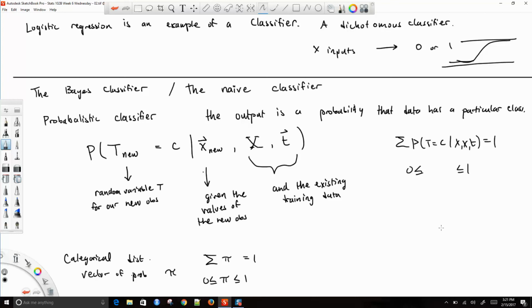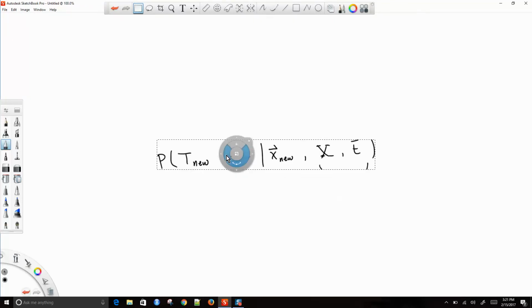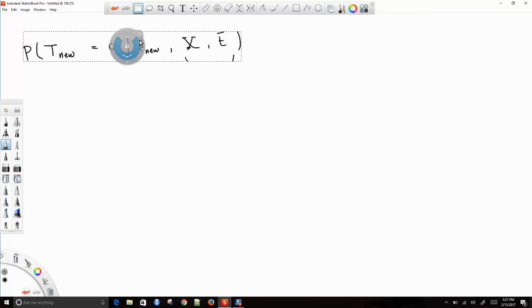Okay, and so the Bayes classifier, we're going to use Bayes' rule to define what this is going to be. The way we classify this is based on Bayes' rule.